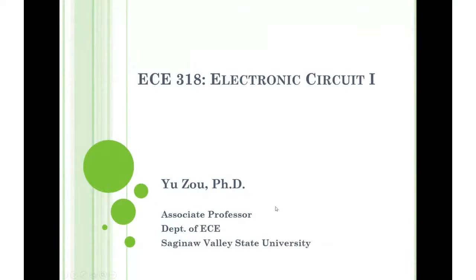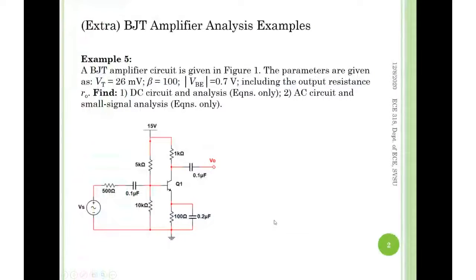Nothing special, nothing new. Directly, an example number 5. Given a circuit and some necessary parameters, find the DC circuit and analysis equations, and the AC circuit and corresponding small signal analysis equations.